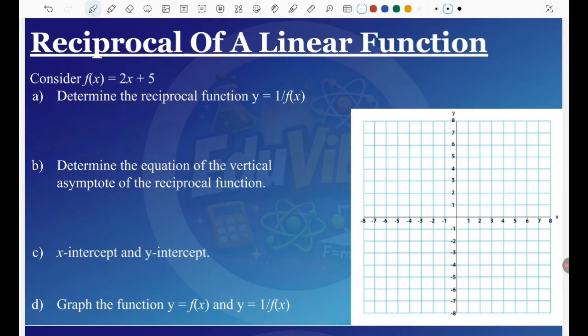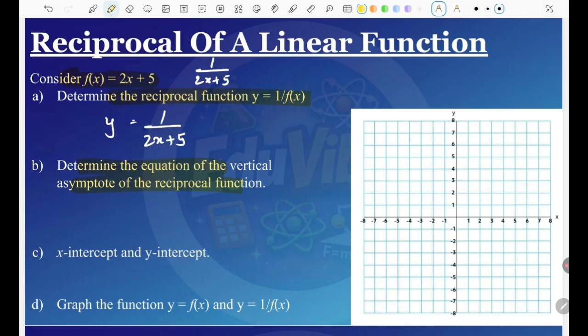We have a linear function: f(x) is equal to 2x plus 5, which means the reciprocal is 1 upon 2x plus 5. Determine the reciprocal function of this, y is equal to 1 upon 2x plus 5. Determine the equations of the vertical and horizontal asymptotes.